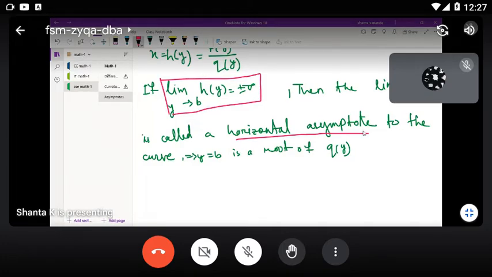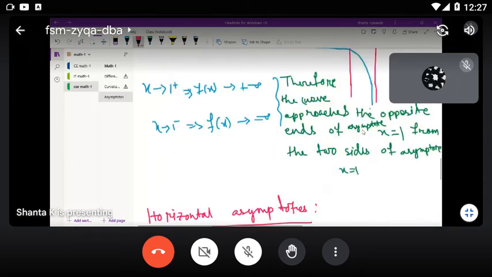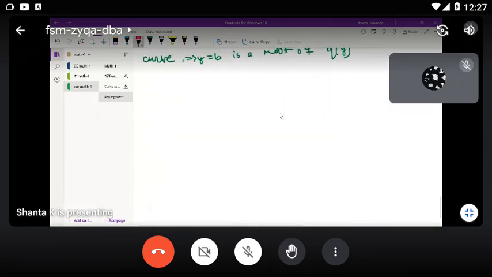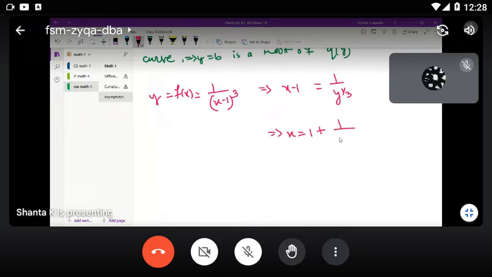In the same manner, we can look at the same example. Here it is given f(x) equals 1 by (x minus 1) cubed. So we can write x minus 1 equals (1 by y) to the power 1 by 3, or further x equals 1 plus (1 by y) to the power 1 by 3. With this simplification, at least we have a term in the denominator, and you can see y equals 0.